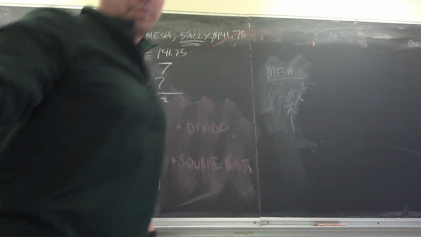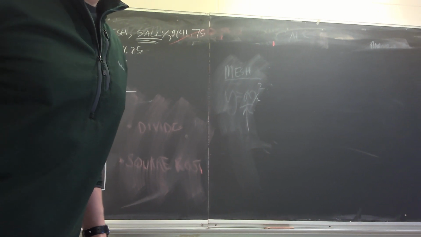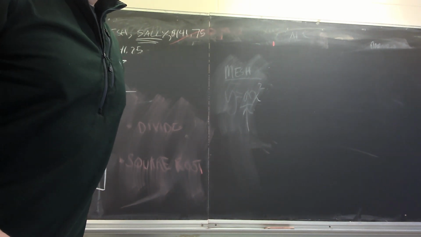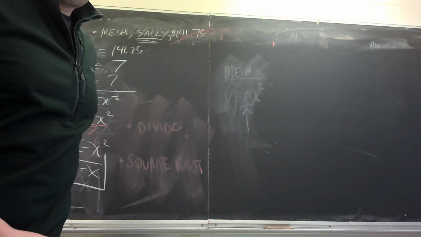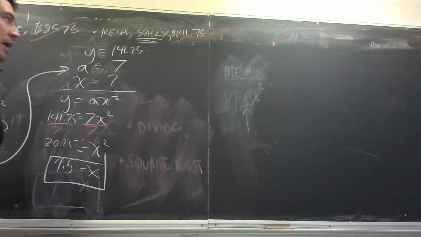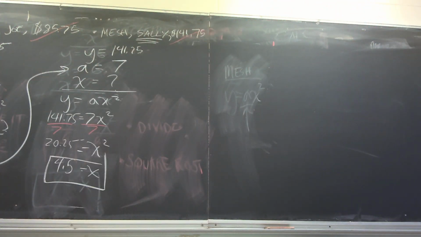The last bullet point, or one of the last, suggests that the radius of Raj's pool is 1.25 meters larger than the radius of Sally's pool. This is an important part, because X says radius and this one says radius, so we're just going to add the 1.25.